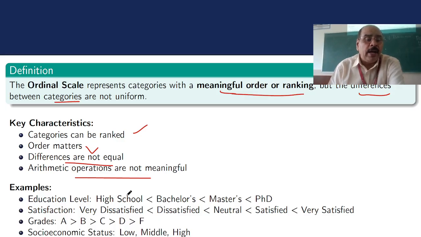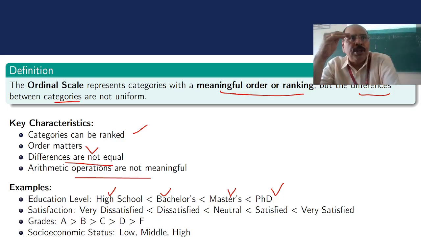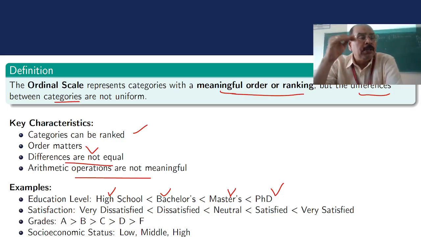So you have PhD higher, masters, bachelor's, high school. You are classifying it in terms of levels, so you have an order. In nominal scale, this order doesn't matter, but in ordinal scale, you have an order. Highly satisfied, dissatisfied, and so on.